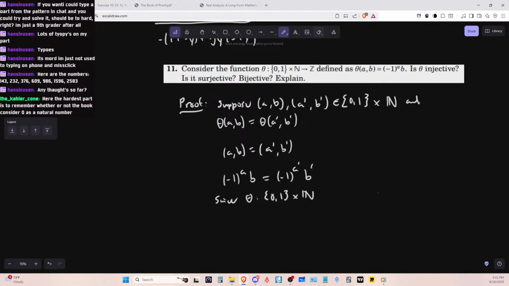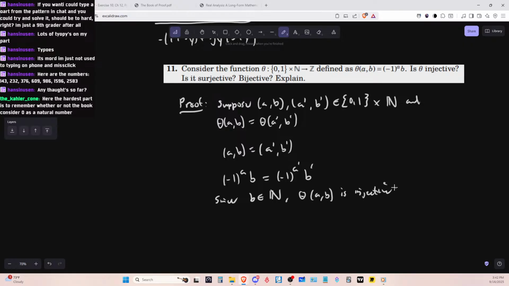Since b is an element of the natural numbers, theta of a and b is injective. I don't know if there might be something more to the proof that we did, but we'll check that afterwards. Now, is it surjective?